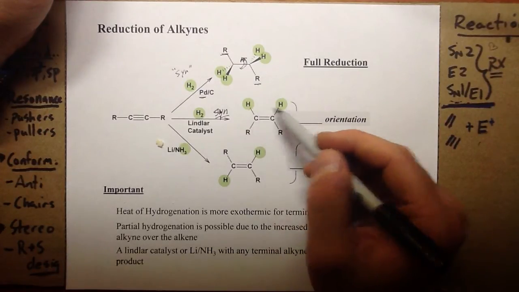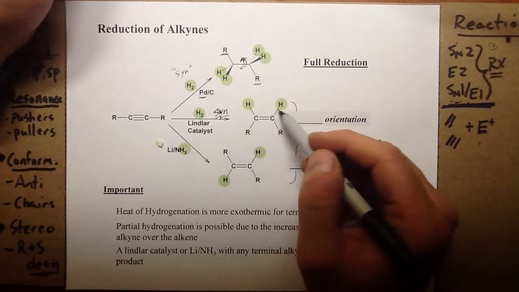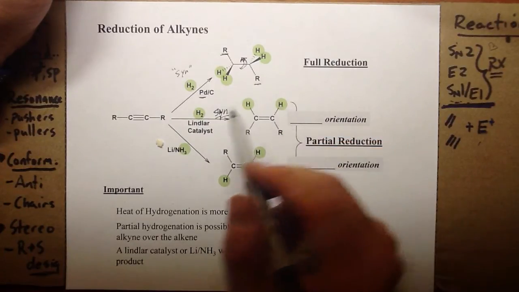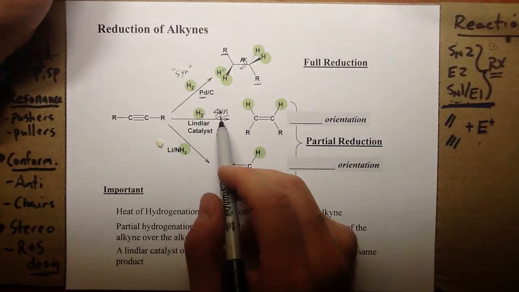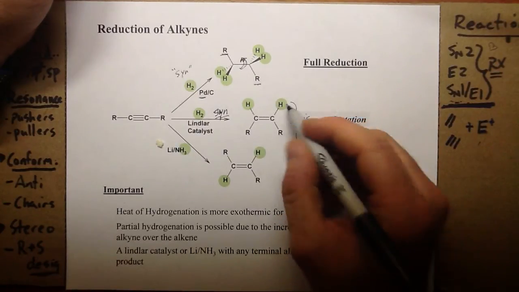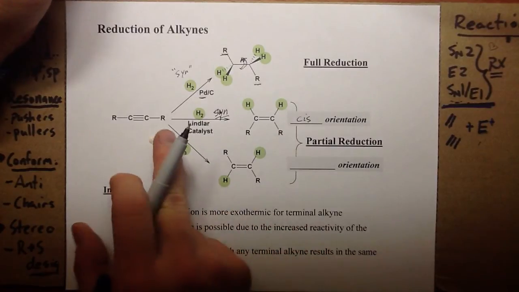So they stay on the same side. They came on syn, and they stay on the same side. That's a structural thing. They're cis-oriented to each other in the product. The reaction occurred in a syn manner to give us a cis orientation of the hydrogens and thus cis orientation of the R groups.